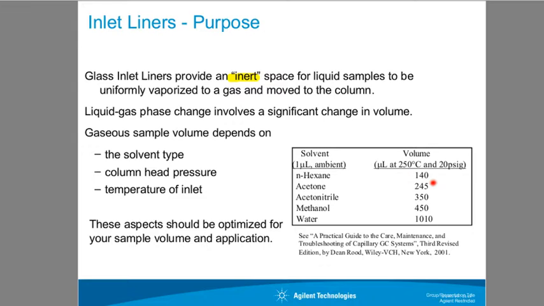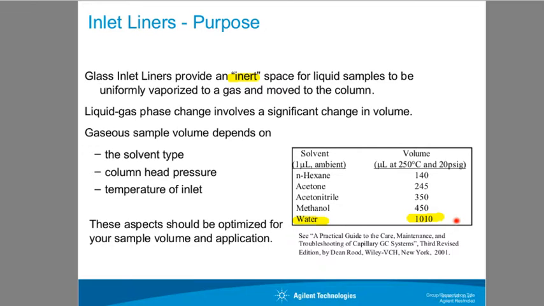As you can see here, at a normal inlet temperature of 250, and actually maybe a little high of an inlet pressure of 20 psi, as you look at hexane, it expands to 140 microliters, acetonitrile 350. But if you look at the water, and this is a very common one these days, water itself expands to over a milliliter of vapor volume within the inlet.